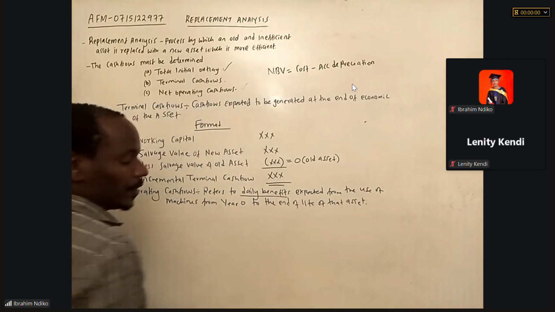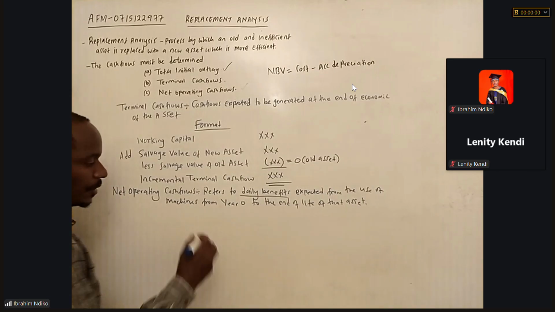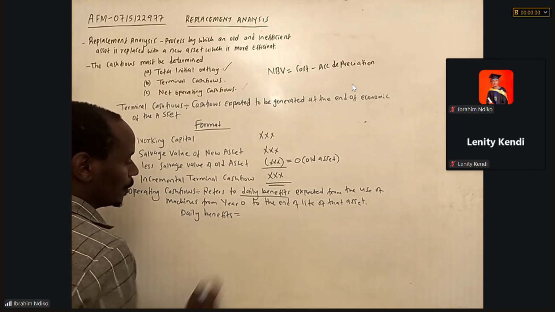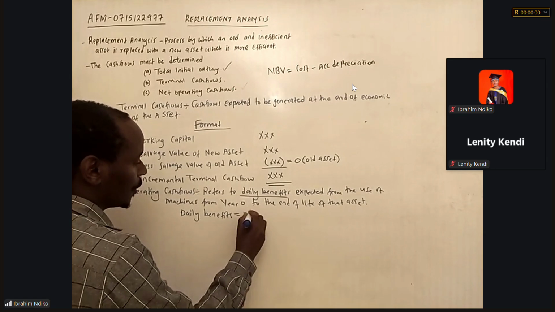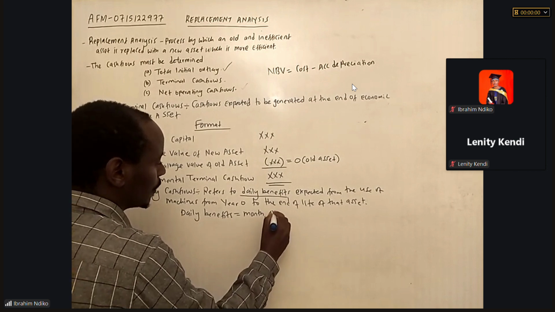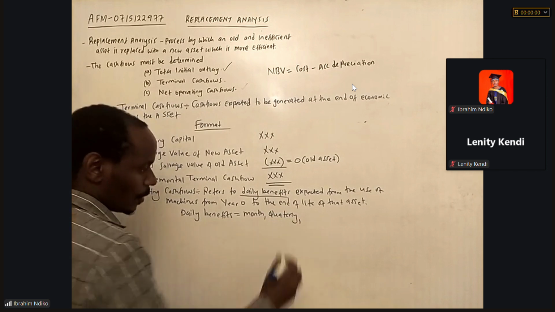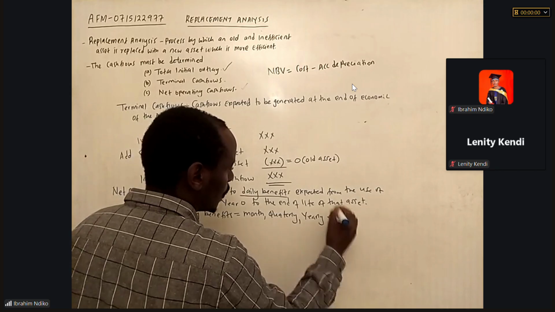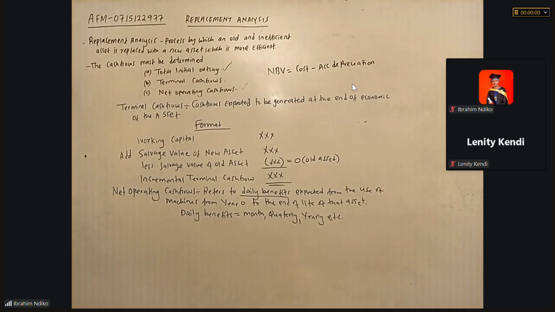Now the word daily benefit can mean on a yearly basis. Daily benefits means monthly, quarterly, yearly, etc. The word daily does not mean every day, but it can mean day-to-day operation, so on a daily, weekly, monthly, quarterly, or yearly basis.